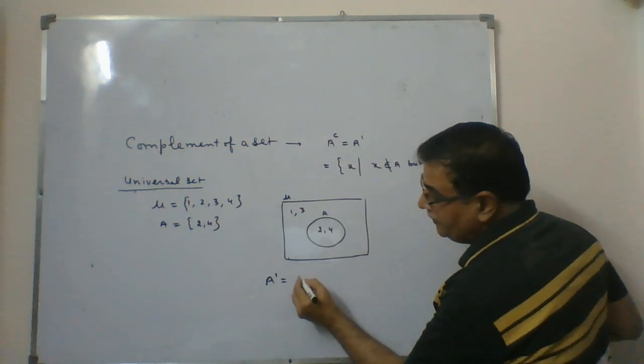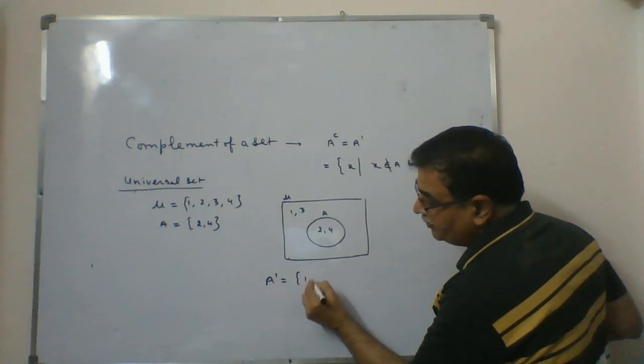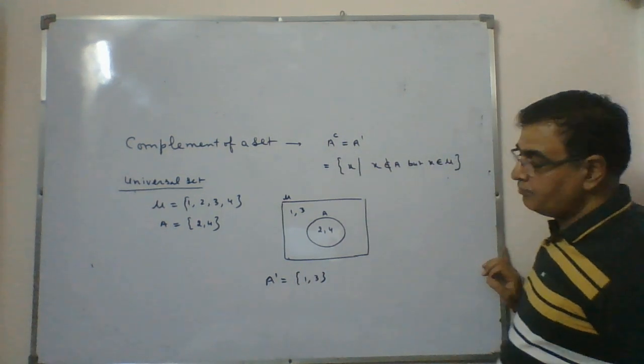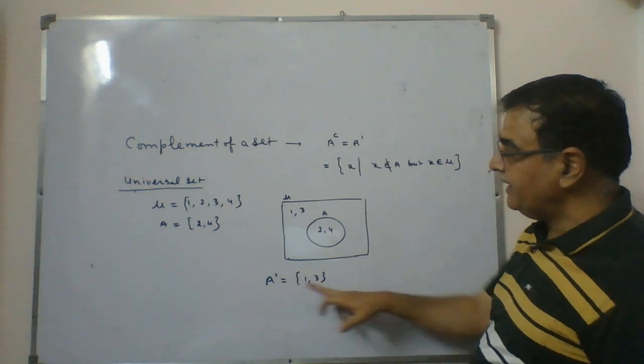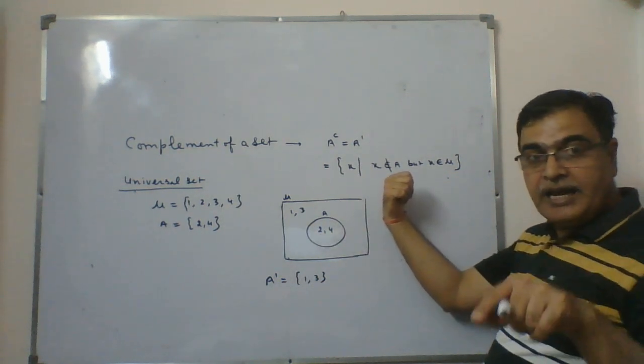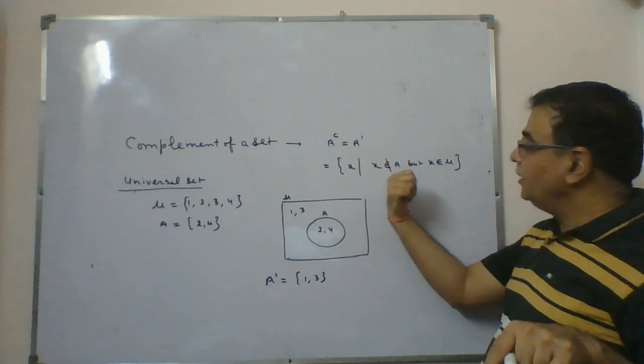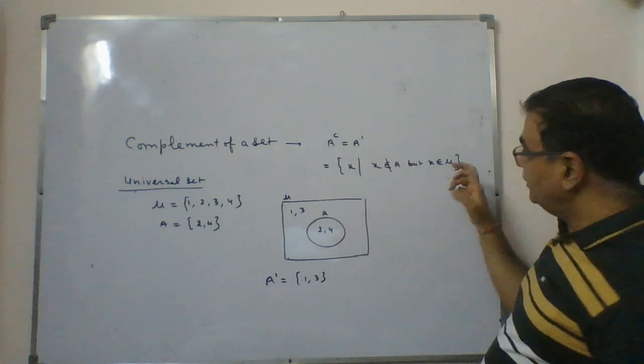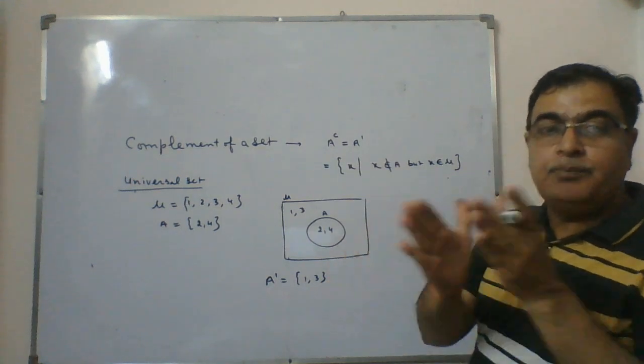So what is the complement here? The complement will be 1, 3. So complement of a set means those elements which are not in A, but they are in the universal set.